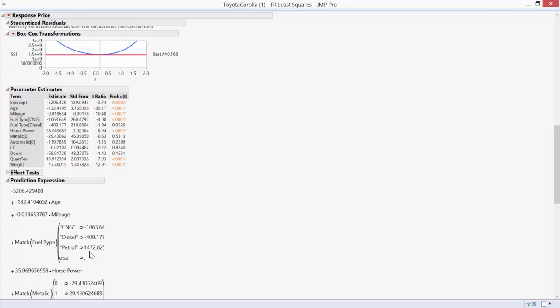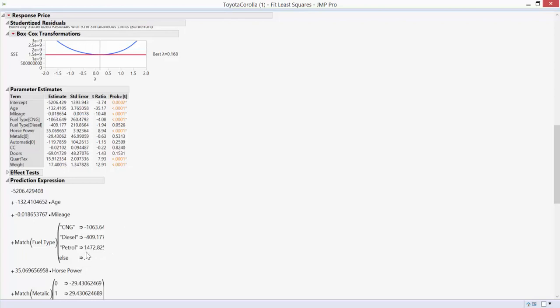So if I ask you, for example, if I have two cars, same exact thing, right? Same age, same horsepower, same mileage, but one of them is a gasoline, petrol car, right? And another is, for example, diesel. What kind of difference in terms of price can I expect from them? Can you infer that from this output? You can, right? Because if everything else is the same, age, mileage, horsepower, all of them, right?